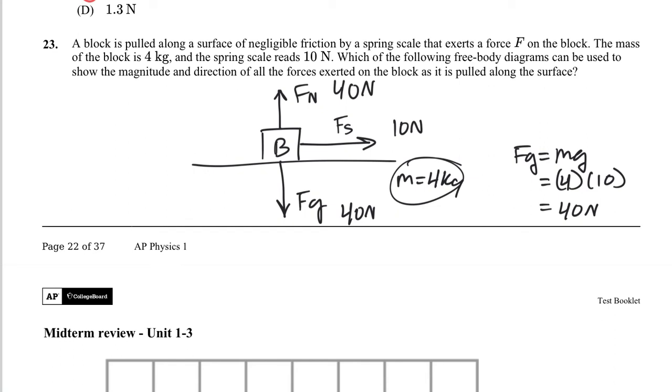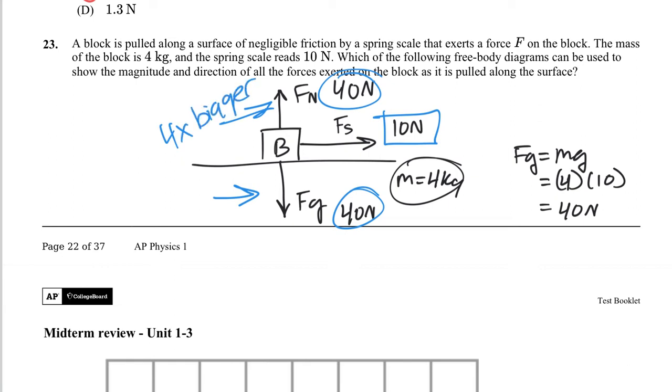So 40 newtons is like 4 times 10, right? So we know that these arrows should be 4 times bigger, okay? And then this arrow should be 4 times smaller. The only answer choice that would show that would be letter C.